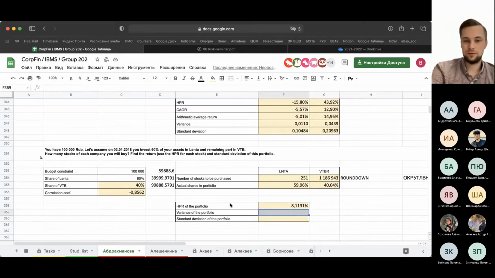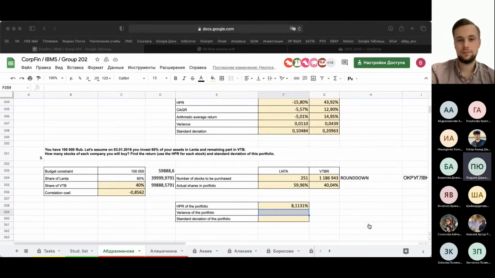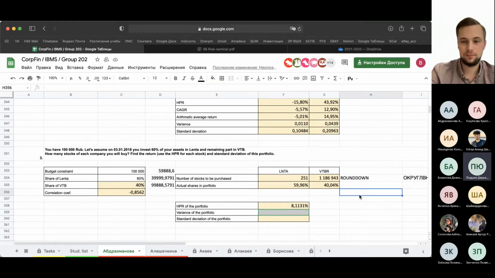And what about the variance of the portfolio? Who is ready with that? I did it, but I need to count actual shares for VTB, and I can show it because I didn't. Okay.